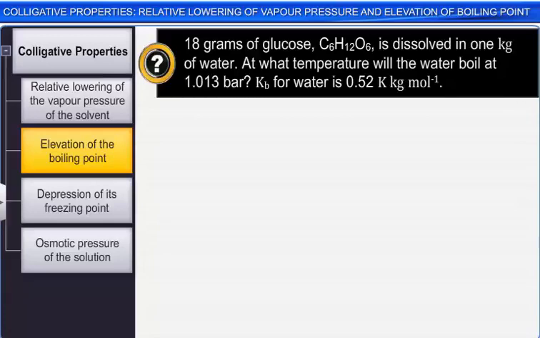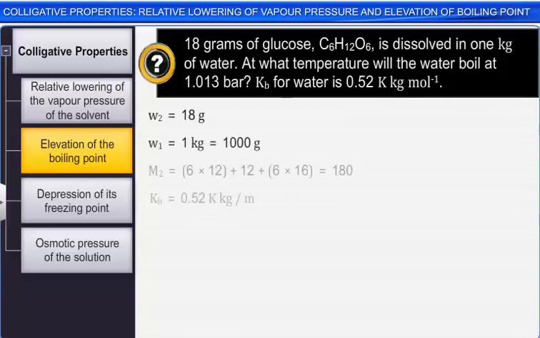The first step is to list the variables given to us. W2 is equal to 18 grams. W1 is 1 kg. And Kb is equal to 0.52 Kelvin kg per mole. As we have to find the boiling point of the solution, we need to find the elevation in the boiling point.